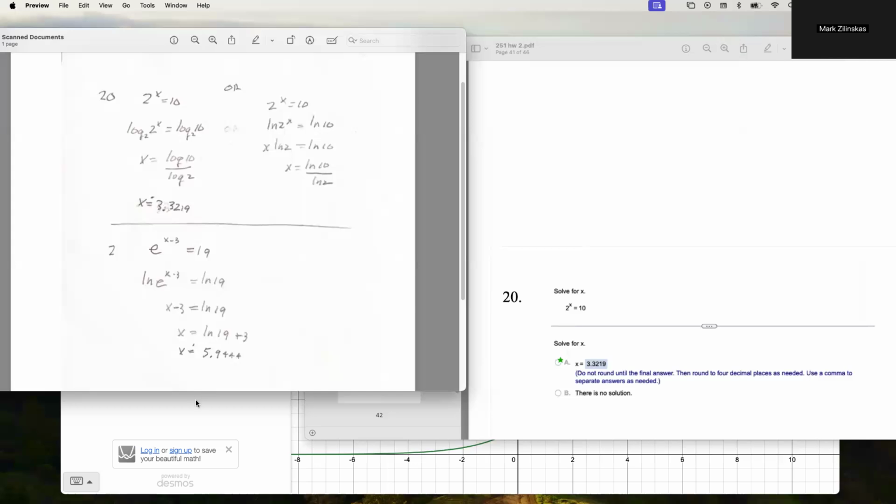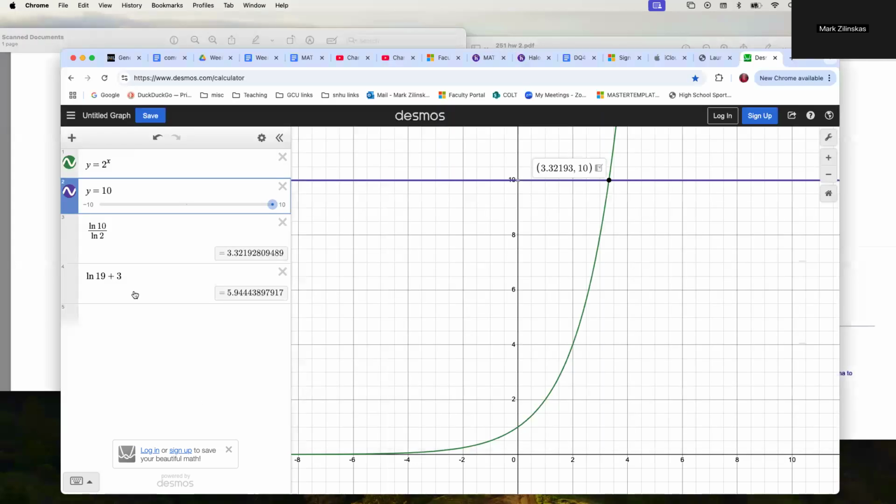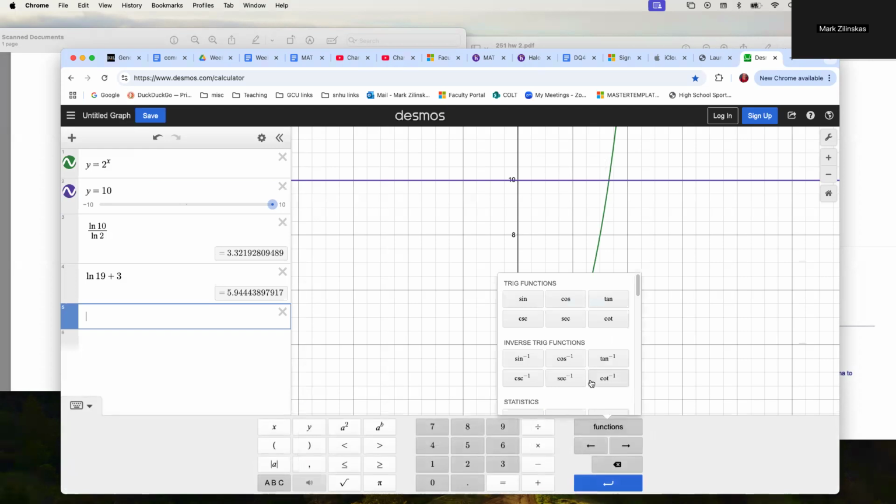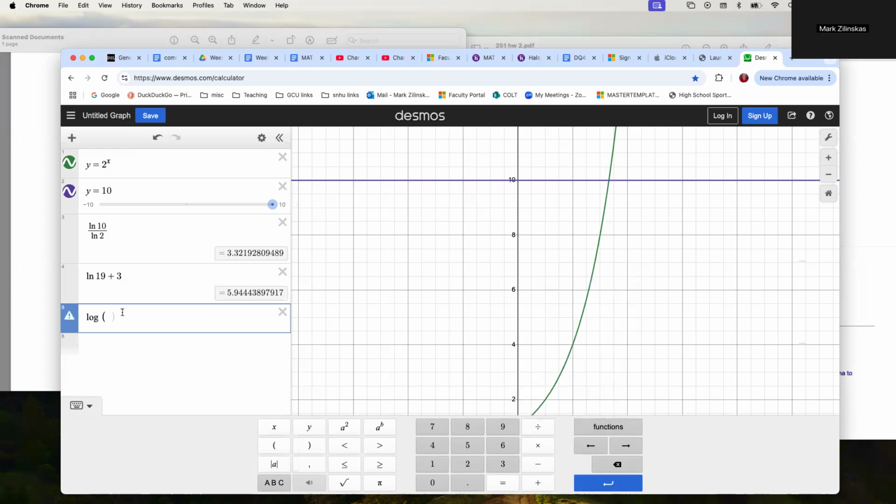I take the natural log of 10 divided by the natural log of 2, okay? Or I can go to my calc menu and take the log base 2 of 10. Let me close that parenthesis.